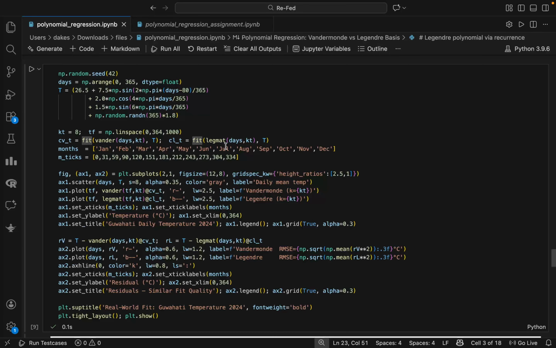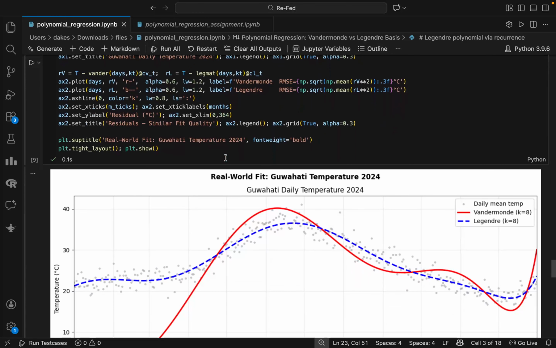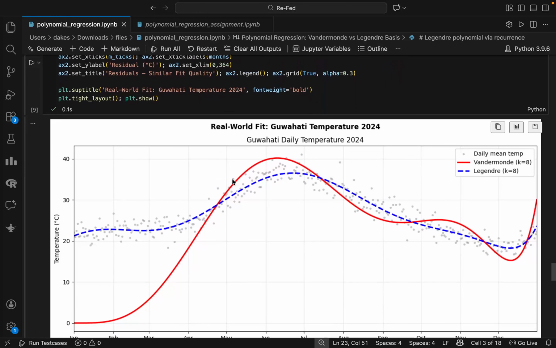Both curves track the seasonal trend beautifully. The RMSE values are nearly identical, but as we have seen, behind the scenes, the Vandermonde system is numerically unreliable at this degree, while the Legendre system is stable. This is exactly the motivation from the tutorial. For real data on long time horizons, you want to use Legendre.